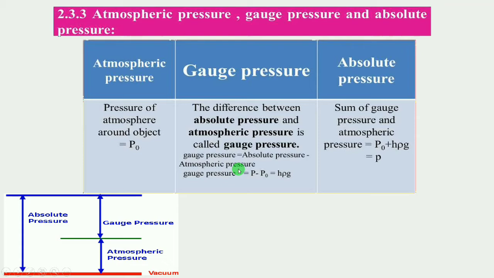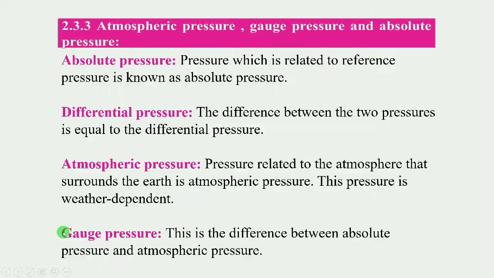Okay, same here we are writing the formula. Now here absolute pressure is nothing but the sum of atmospheric pressure and gauge pressure, right? This one. So if you take your values, you can consider it like this: absolute pressure is nothing but total pressure, the sum of gauge pressure and atmospheric pressure. The sum of both will be absolute pressure, right?